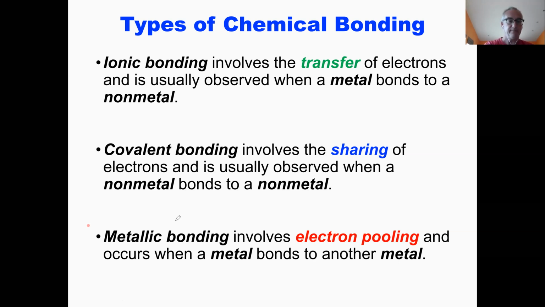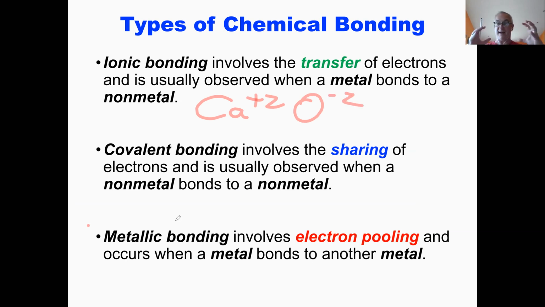So ionic bonding, you're probably familiar with that because we've been talking about it a little bit. It happens when we have a nonmetal and a metal. Here's our nonmetal charged and our metal charged, and they form a compound by coming together. This positive charge is attracted to this negative charge, and that's what keeps it together.